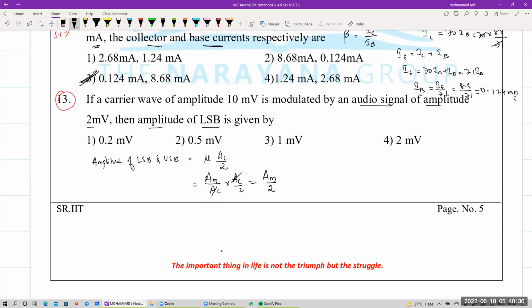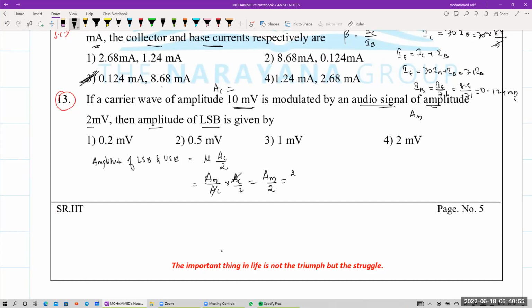The problem says a carrier wave of amplitude 10 millivolt is modulated by an audio signal of amplitude 2 millivolt. Then the amplitude of the lower side band will be how much? This is the amplitude of the carrier. This is the amplitude of the audio signal, that means the modulating signal, 2 millivolts.